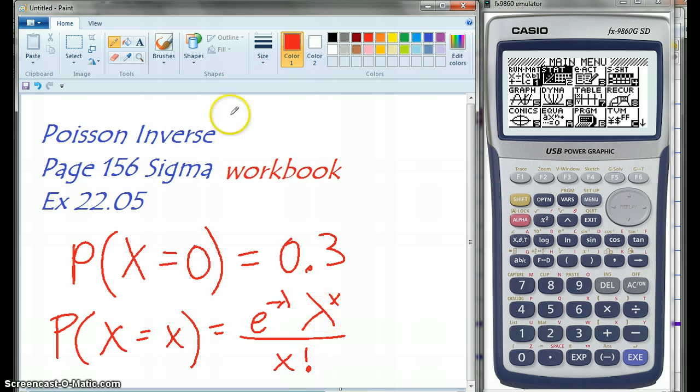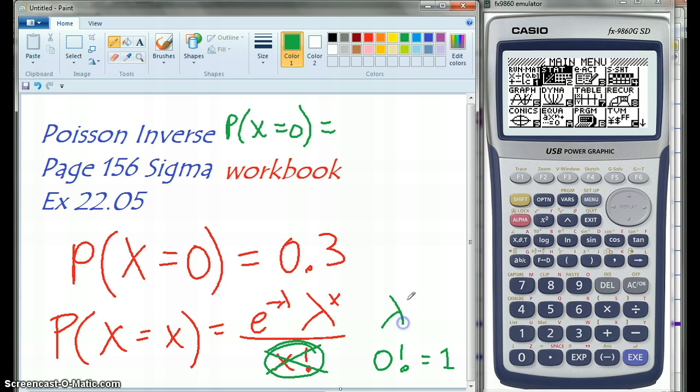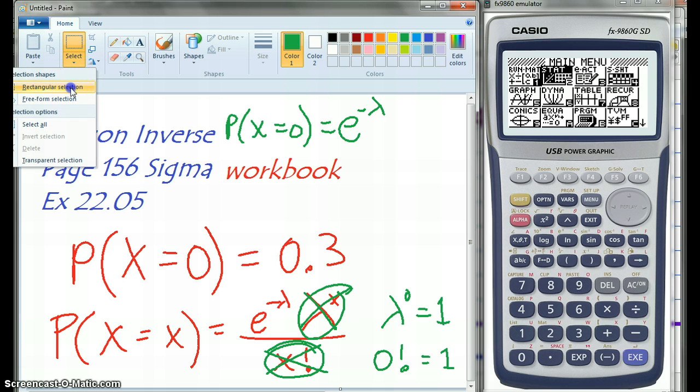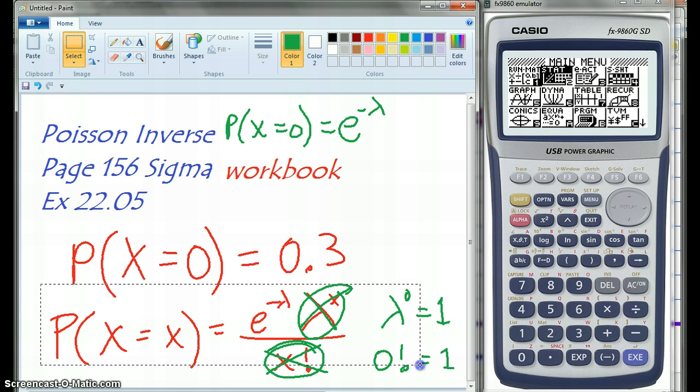Then we know the probability of x being equal to 0 equals... 0 factorial equals 1. So that disappears. Lambda to the power of 0 equals 1. So that disappears. So I get e to the negative lambda. I'm not sure if that actually comes on your formula sheet or if you have to just know it or derive it the way I just did.